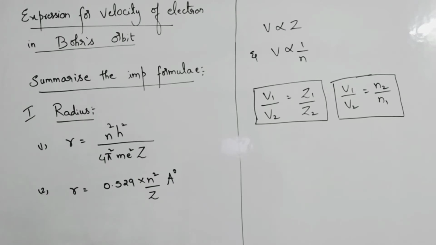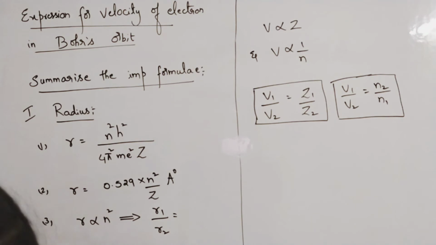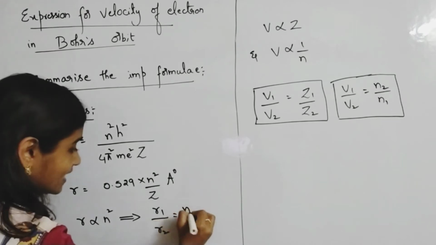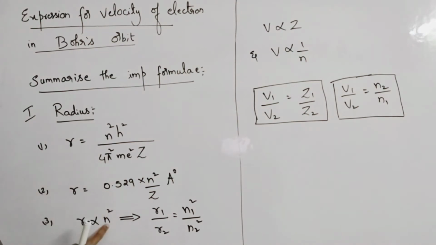From this, r is directly proportional to n square and r is inversely proportional to Z. So you can write R1 by R2 is equal to n1 square by n2 square, since r is directly proportional to n square. This can be treated as the third formula for radius.